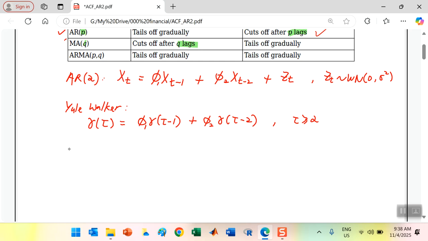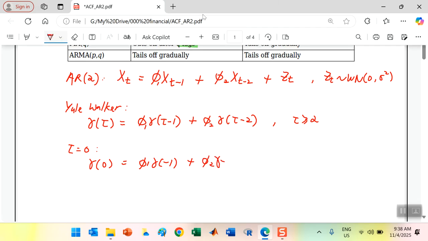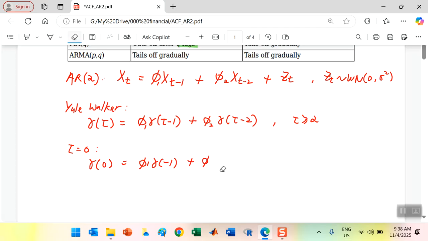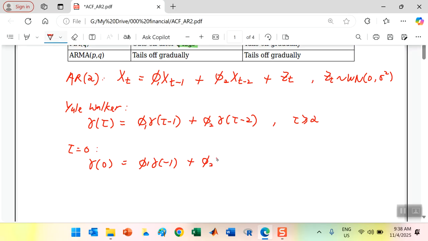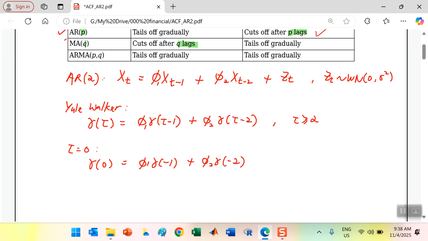Now if you have tau equal to 0, then we have gamma 0 equal to phi 1 gamma minus 1, plus phi 2 gamma minus 2, and then you have the variance of zt, which is sigma squared.